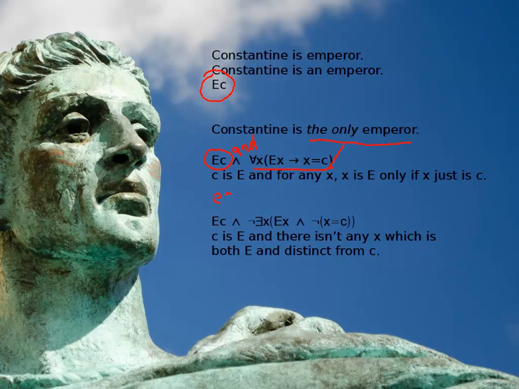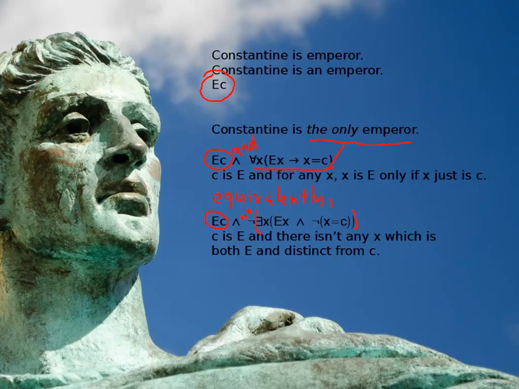Turns out that you can also translate that sort of sentence using only an existential quantifier. So equivalently, you can translate it like this. Again, same thing for the first part. Constantine is an emperor, and it's not the case that there is some x which is emperor, and it's not the case that x is C. This part would say, let me shield off the not symbol.